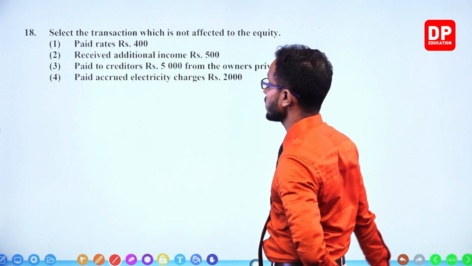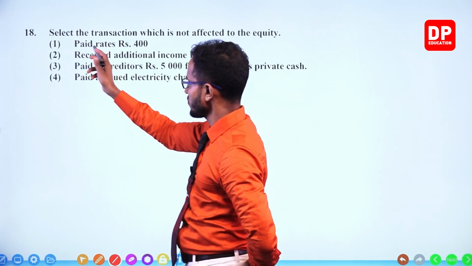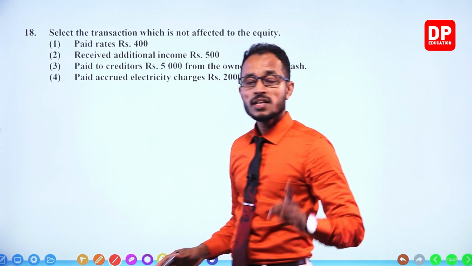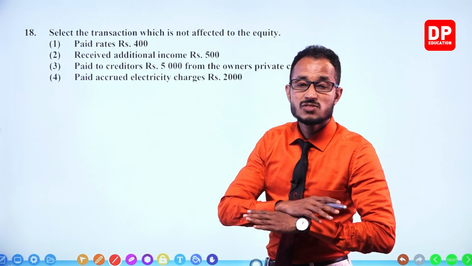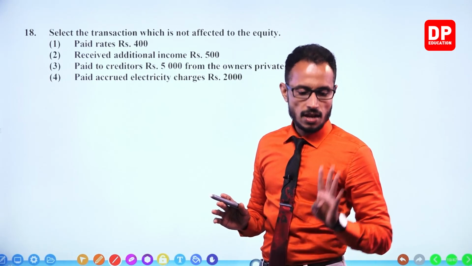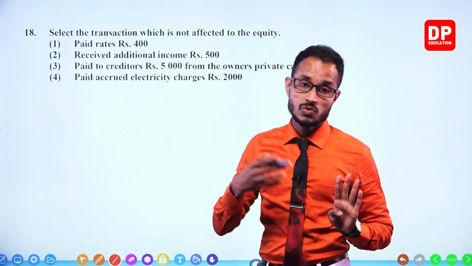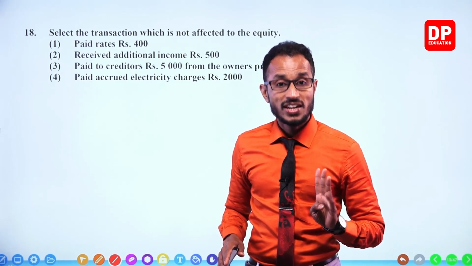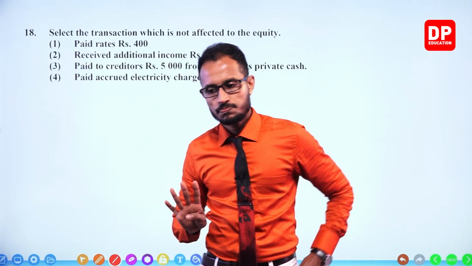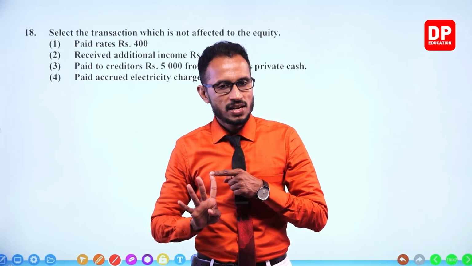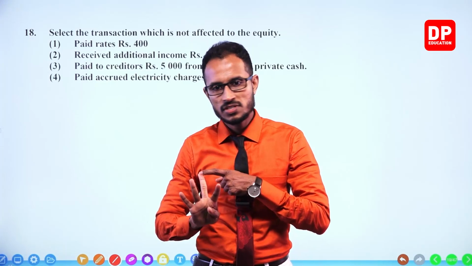Paid rates 400. It affects equity. Paid rates means expense. Expenses decrease equity. I have told you this more than 20-30 times. There are only 4 events or transactions which can affect equity. Additional capital increases equity. Drawings decrease equity.